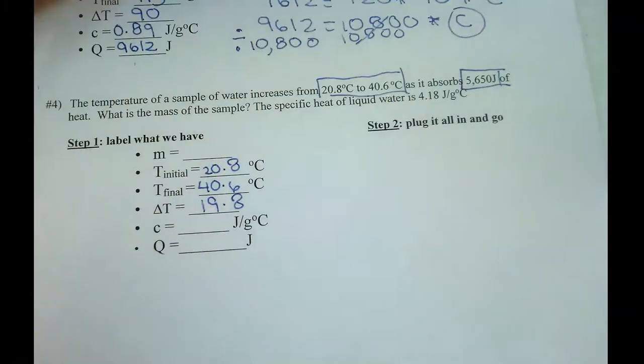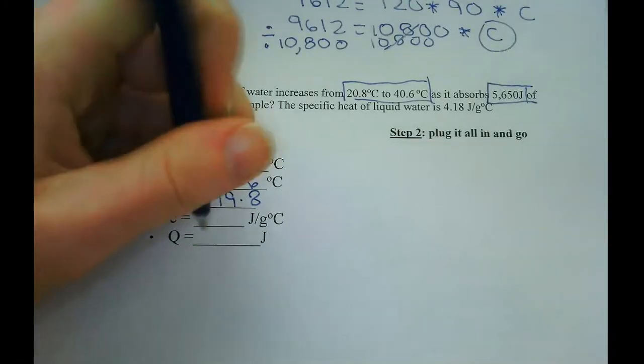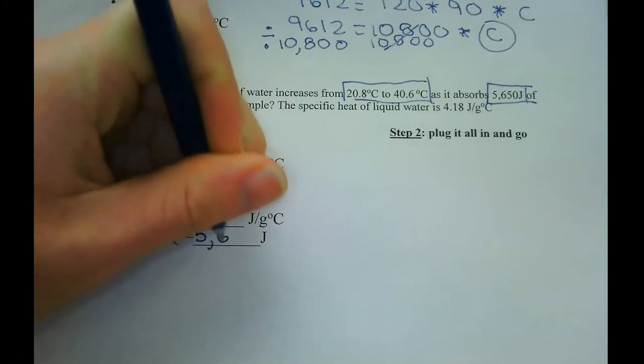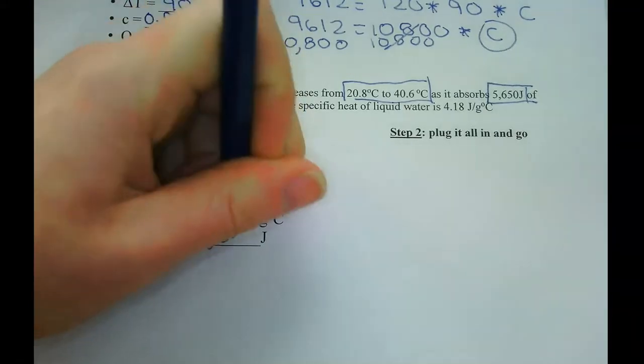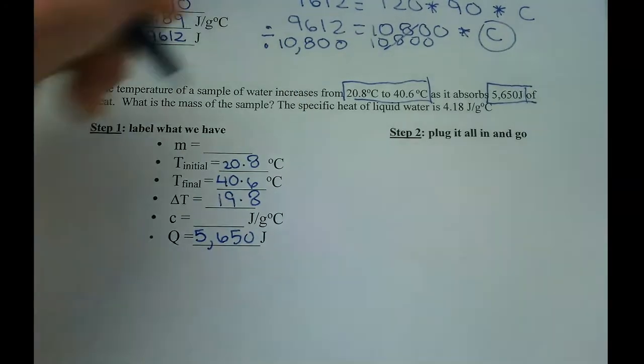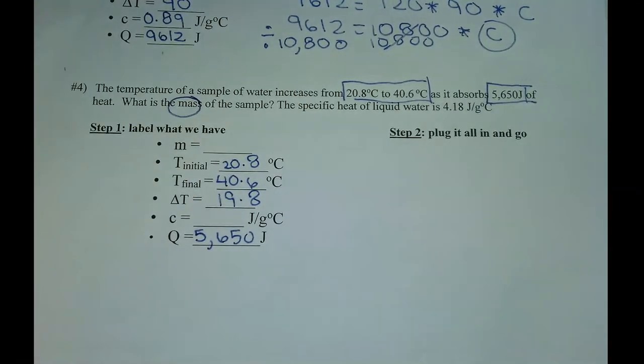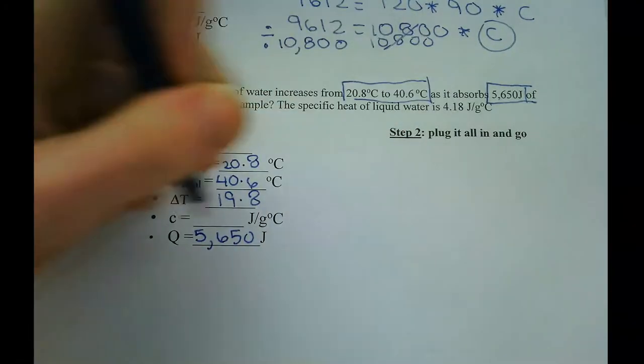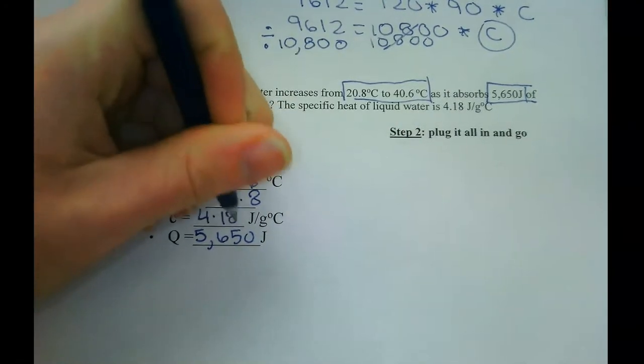Again, I'm given Q in this one, so I'm given 5,650. I'm solving for mass. I don't have this, and I do have the specific heat, so it is 4.18.